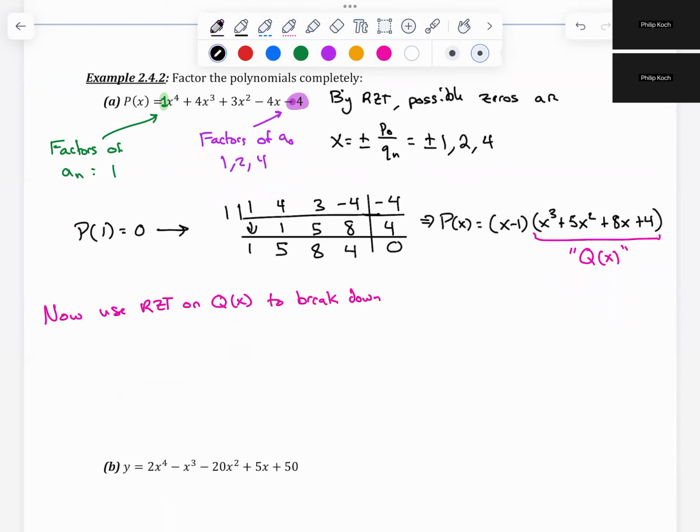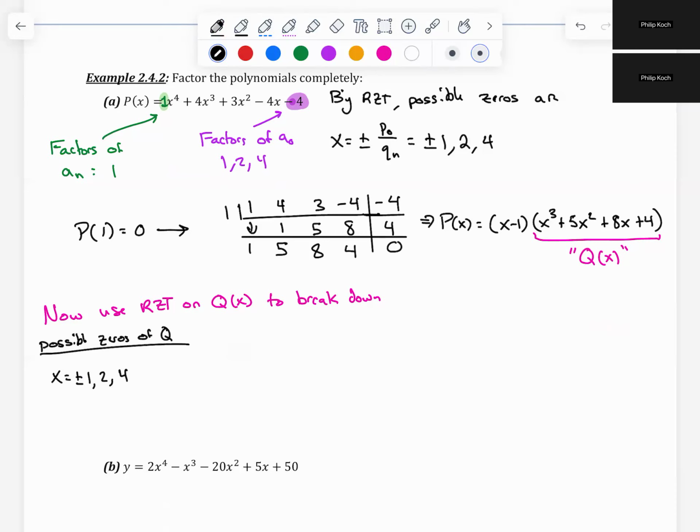So possible zeros of Q are going to be X equals plus or minus 1, 2, and 4 again. Just to save on time, hopefully you can see why, take a second. You can reuse the RZT on any polynomial. So in particular, we can use it on Q. Factors of a sub 0 over factors of a sub n.